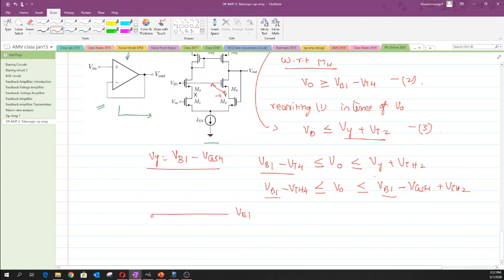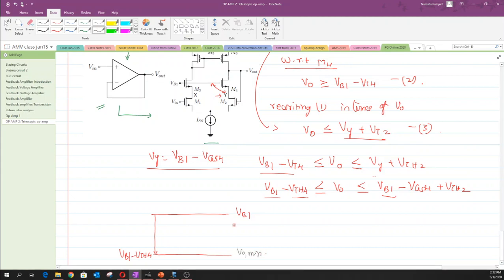So we have raised the bar of this Vb1, and from this we have a potential drop of Vth, which is a threshold voltage drop, and so this in turn defines the Vo minimum level, and the difference between these two is measured as Vb1 minus Vth4. And this will mark my Vo minimum condition.